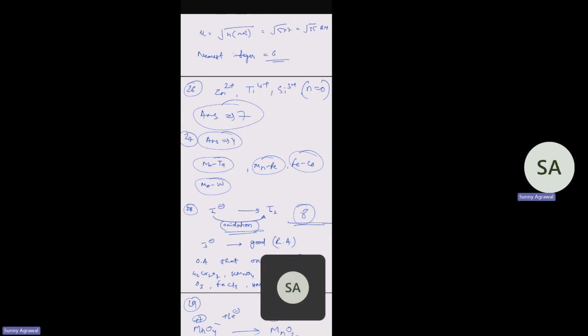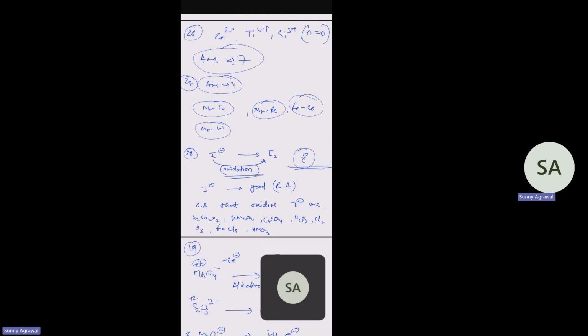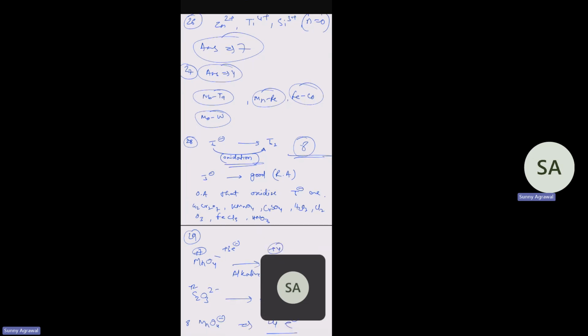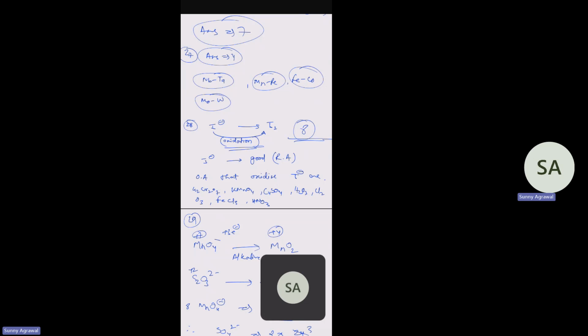Question number 28. Consider the list of reagents. A few reagents are given. We have to consider which can oxidize I minus to I2. I minus itself is a good reducing agent. Oxidizing agents that can oxidize I minus are K2Cr2O7, KMnO4, copper sulfate, and H2O2 is a good oxidizing agent.